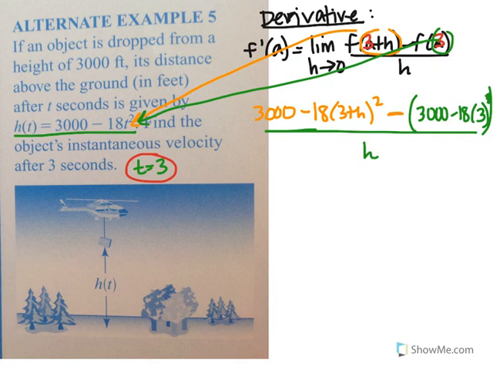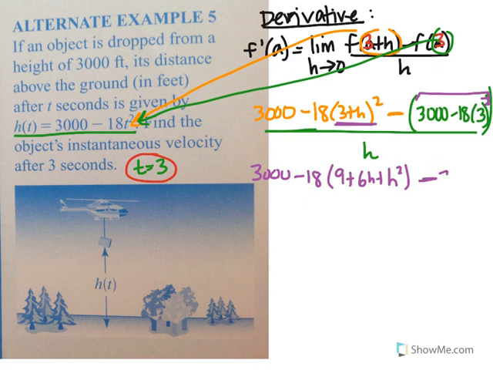Now I'm going to simplify the numerator. I'm going to end up getting the 3,000 minus the 18, and then I'm going to FOIL this out right here. So I'm going to get a 9 plus a 6h plus an h squared. And then this right here, a 3,000 minus an 18 times 3 squared, ends up being 2838.